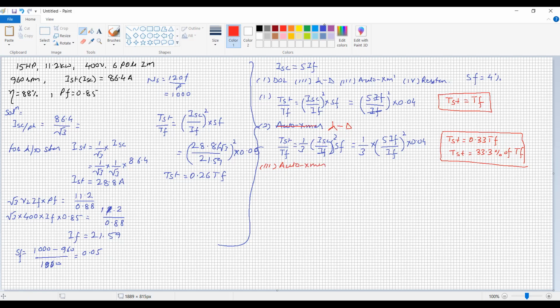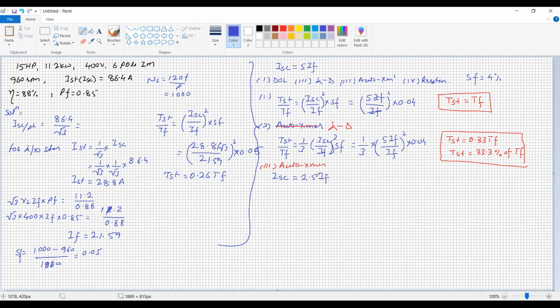Auto transformer. Here the limiting current is given: it should not exceed 2.5 times the full load current. Your short circuit current, or starting current, should be limited to 2.5 times full load current.